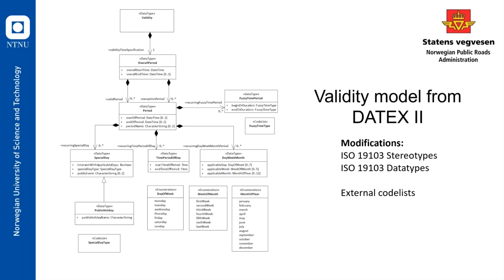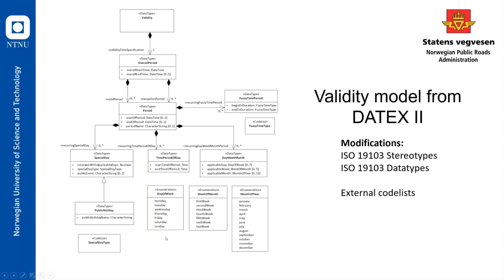Another model is the vehicle classification. If we once more look back at this conditions slide, we can see that we have a data type for vehicle condition that says that this road feature is valid for specific vehicles.